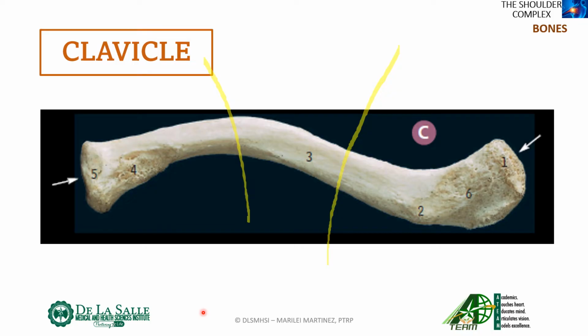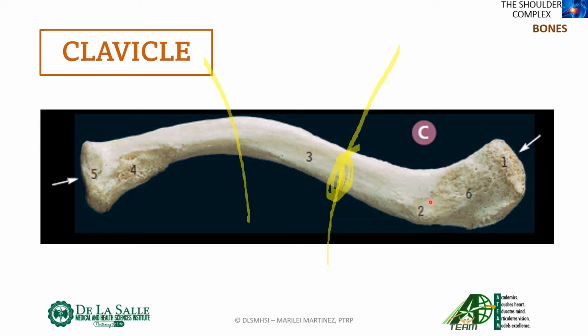So if we are to identify it here in our clavicle, this area is the weakest point because this is the connection between the middle third and the lateral third of the clavicle.